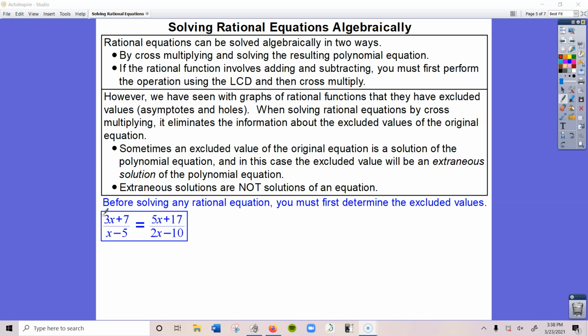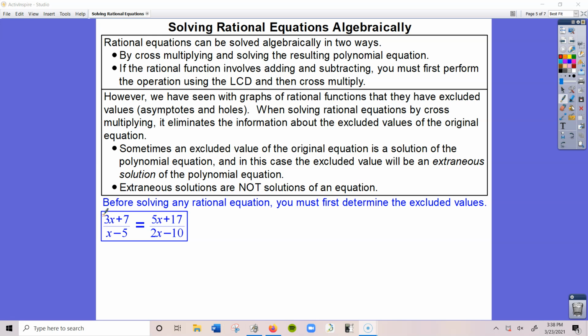Now, when we're cross-multiplying and solving rational equations, we have seen with rational functions that there are such things as excluded values, which are the values that make the denominator equal to 0, because that would mean that that rational function is undefined. So what we do first is we figure out what the excluded values are of the rational expressions that are given.